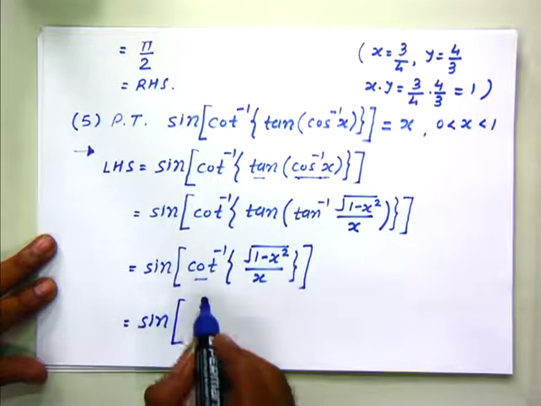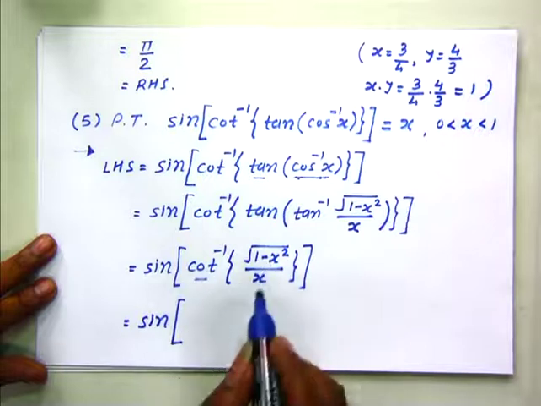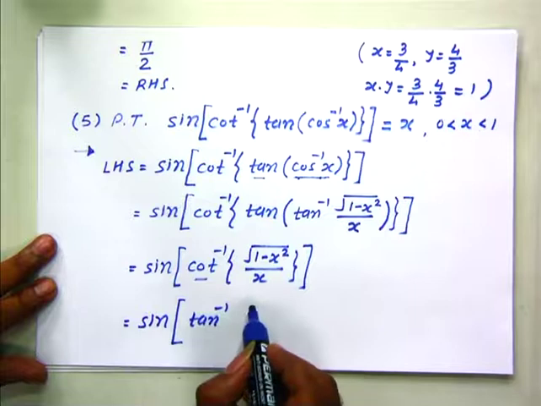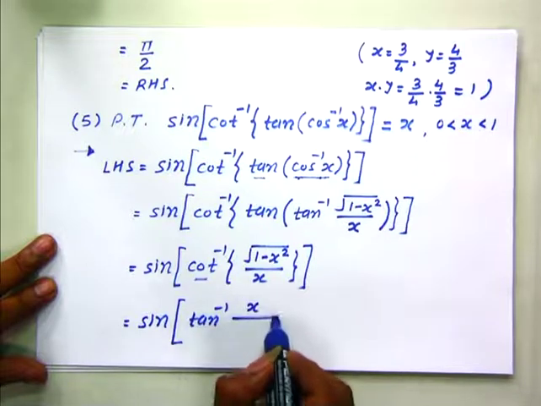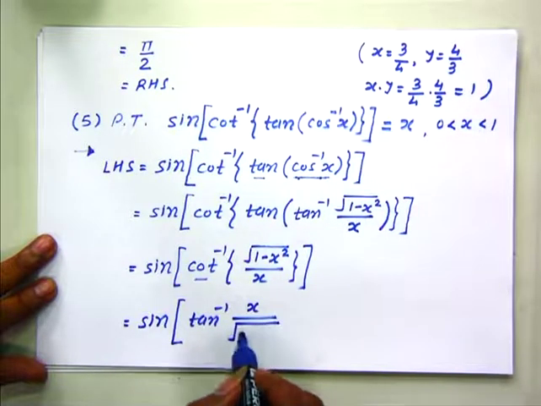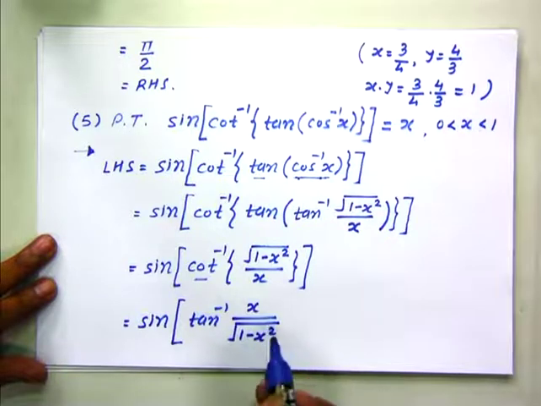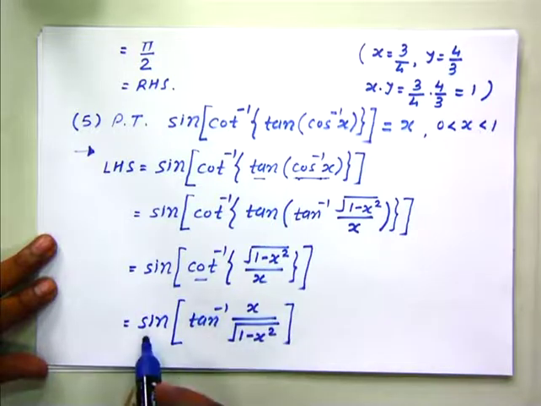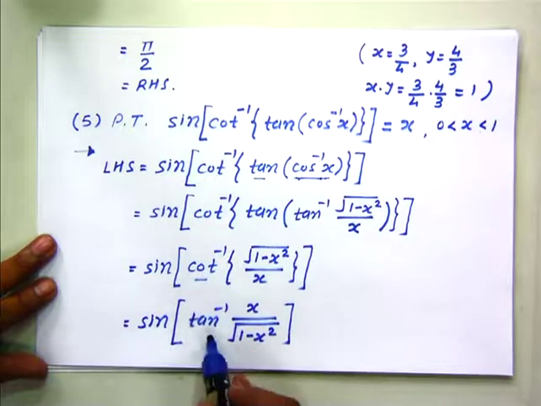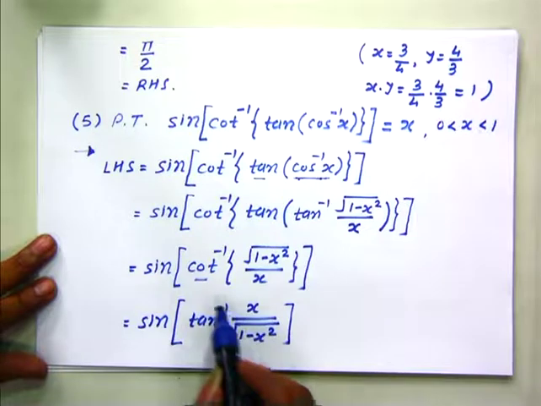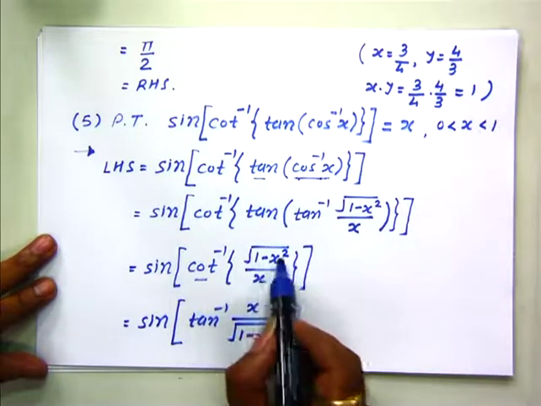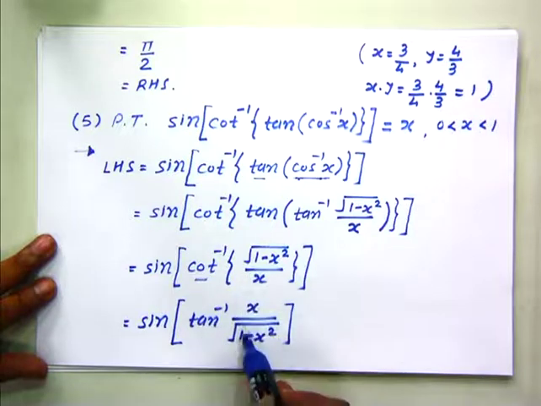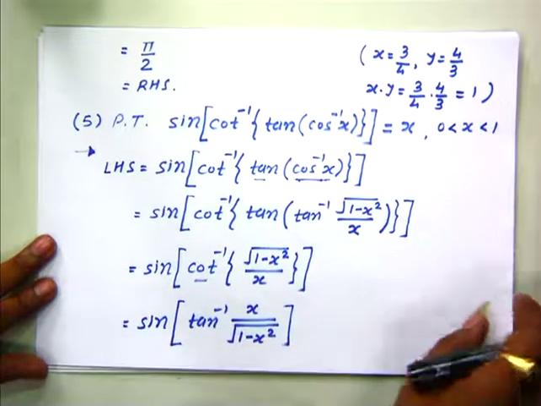So cot inverse x equal to tan inverse 1 upon x. So this is tan inverse x upon square root 1 minus x square. Okay, sine of tan inverse x upon square root 1 minus x square. This is cot inverse square root 1 minus x square upon x. Cot inverse x equal to tan inverse 1 upon x. So we have this.